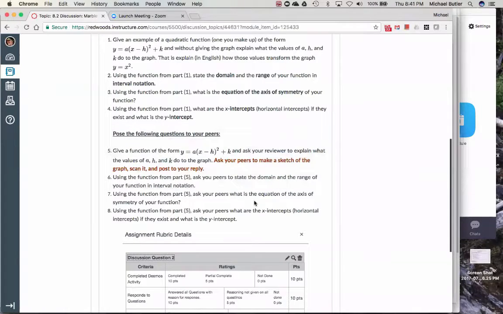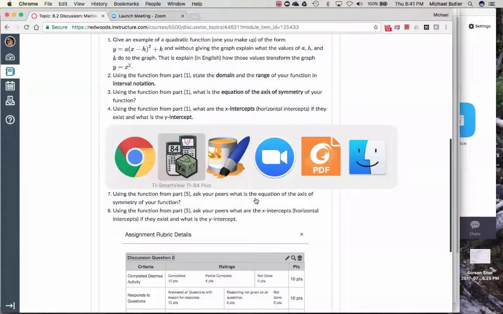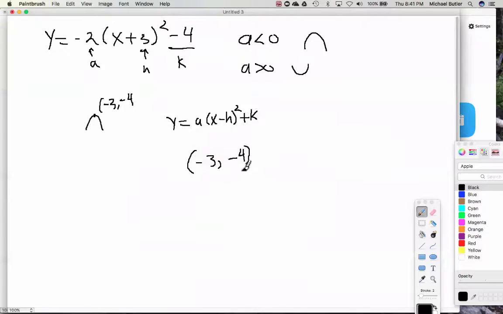So coming back to answering the question here. Say you're answering somebody else's. You got to make sure people are answering. So you would say, A flips it over the x-axis.